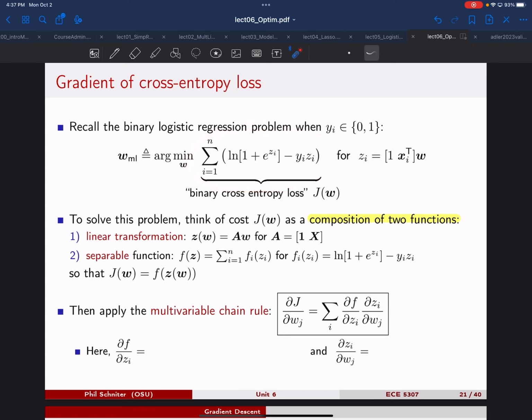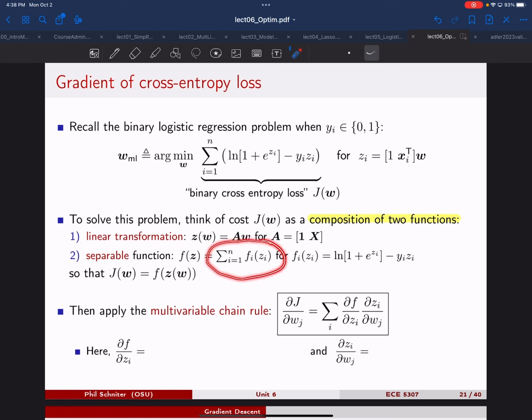And so this is a function that also has an interesting structure. It's called separable, because when you take this z vector, this cost function says you take each individual term out of this and you work on that directly and then sum those. So in other words, there's no interactions between the different z terms.